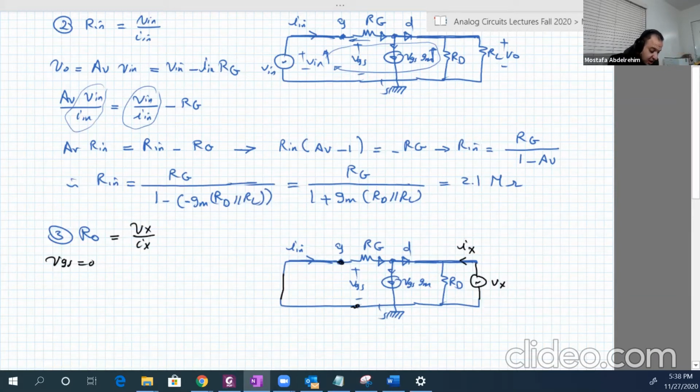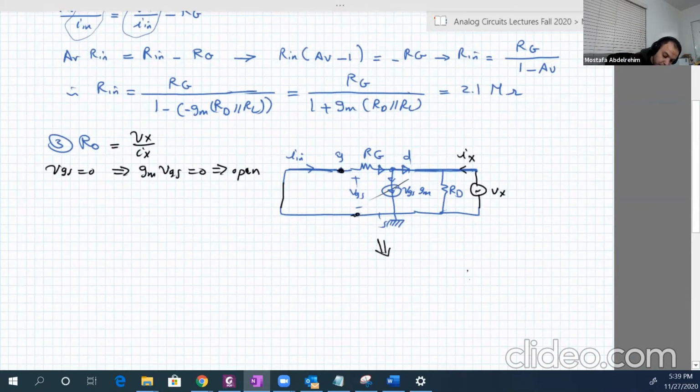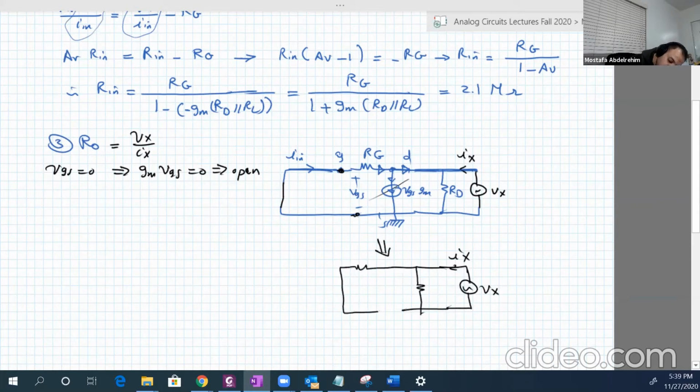When VGS equals 0, this means that GM VGS is also equal to 0, so this is an open circuit. This circuit will be reduced to the following: VX, IX, RD, and here is RG.